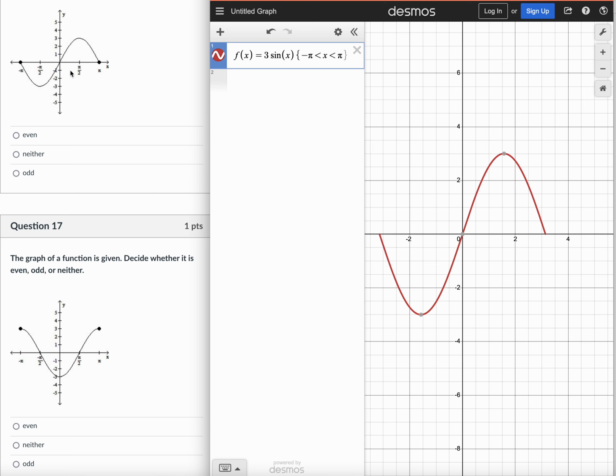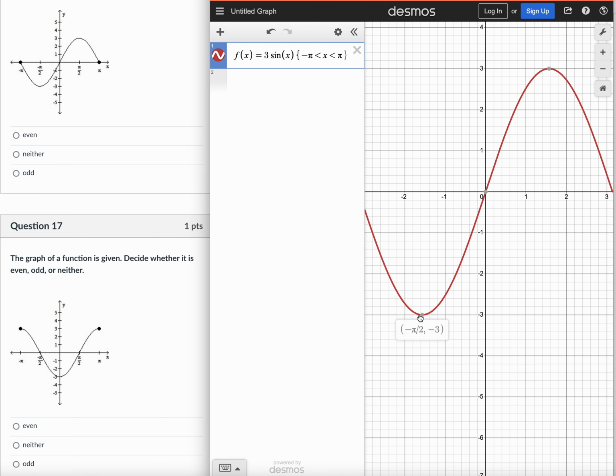Look at this picture. We can see this picture is symmetric with respect to the origin. What's the meaning of that? Look, here is the origin, and this point is negative pi over 2, negative 3.